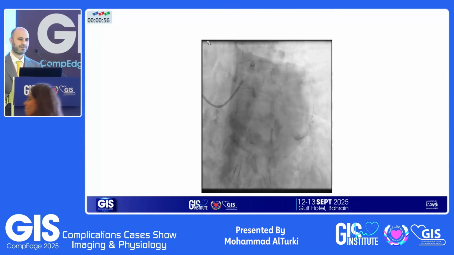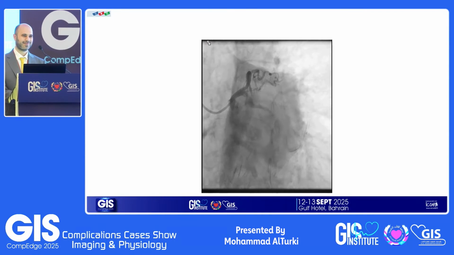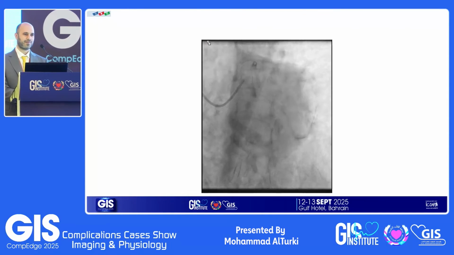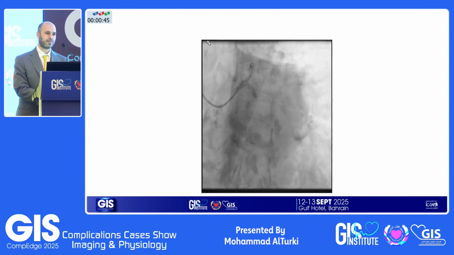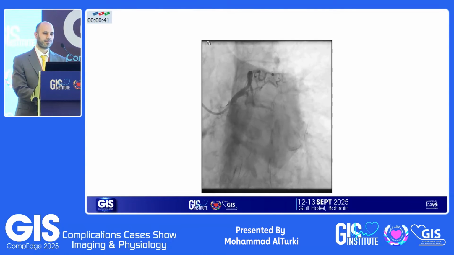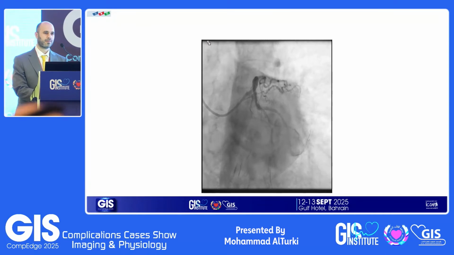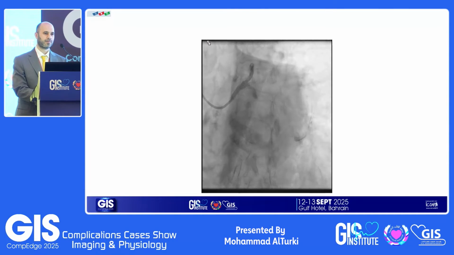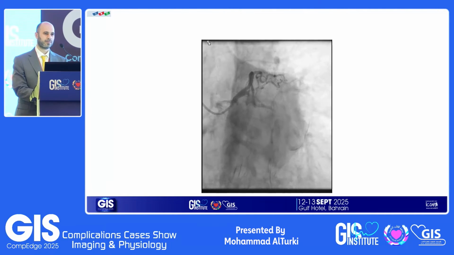Mohammad, thank you very much. I hear a lot of different debate about this. If you look at it, there was a hematoma probably on the proximal part of the LCX, and you had at that time TIMI-3 flow, and the colleague tried to pass the wire, and the wire actually caused the dissection. Then you have to be very, very careful of the circumflex artery because it's not an occlusion, it's a dissection.